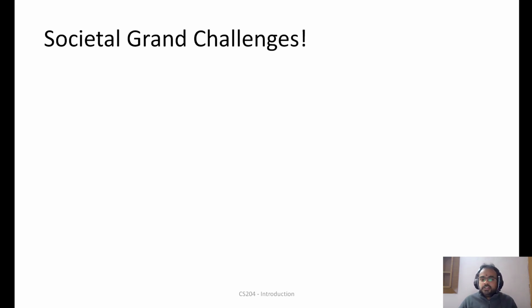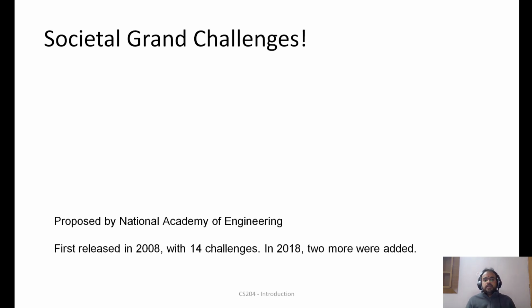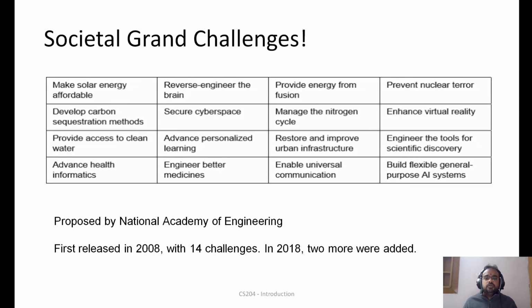Along with the lecture, I also suggest you to think about the societal grand challenges that were proposed by the National Academy of Engineering, and the most updated list was released in 2018, where they have added two more fields, which are universal communication and build flexible general purpose AI systems.